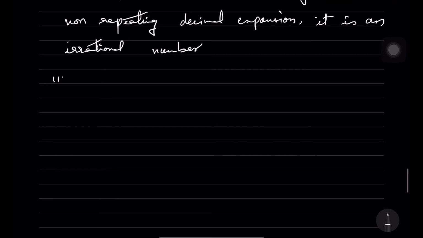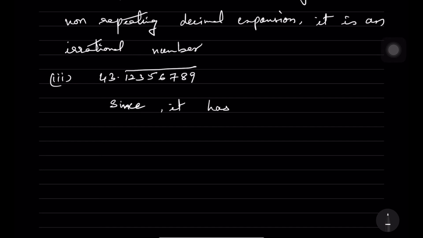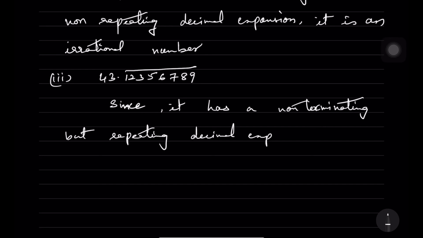Third one, 43.123456789 with the block repeating. This has a non-terminating and repeating decimal. Since it has a non-terminating but repeating decimal expansion, it is also a rational number.